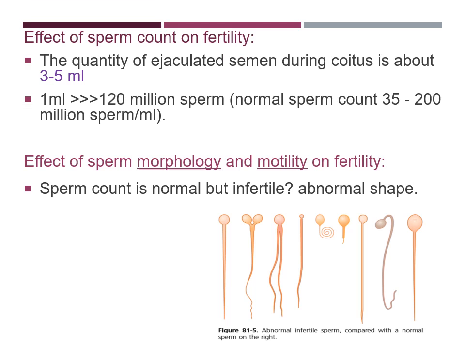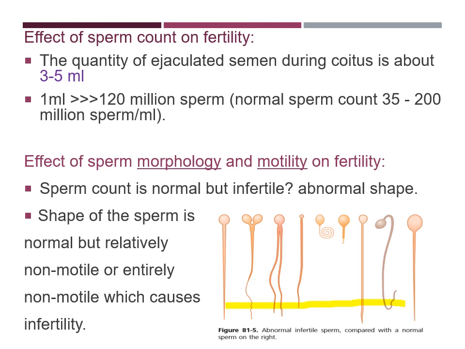And these are some of the shapes that are abnormal, and they might cause infertility. So even if the shape of the sperm is normal, but the motility is affected, if it's non-motile or motility is low, this also can cause infertility.